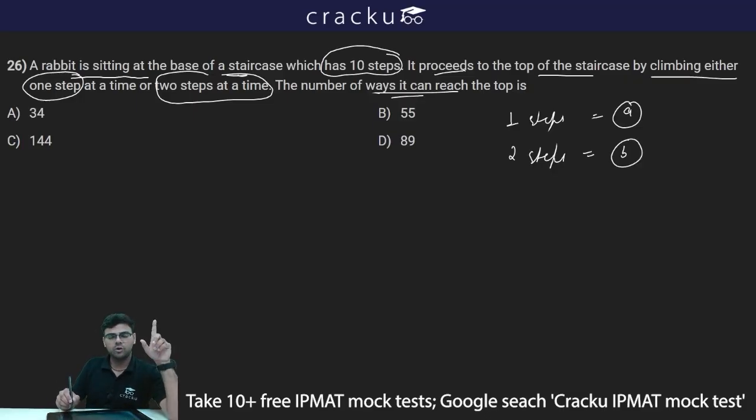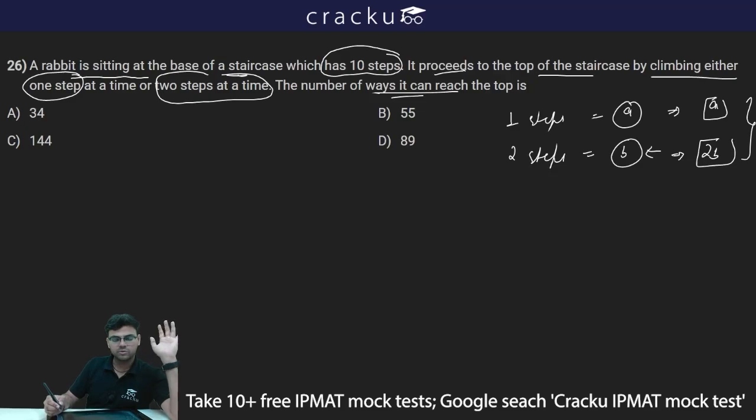If it is taking one step, it covers a steps. If it is taking two steps, it will cover 2b steps, because it is taking b number of times 2 steps. Now the sum of these two, a plus 2b, should be equal to 10 because it has to climb 10 steps.